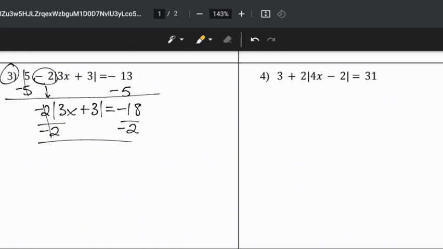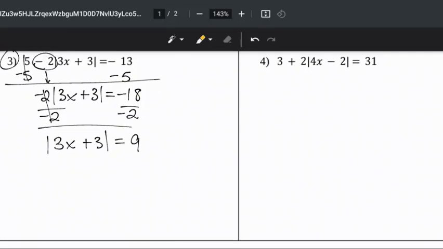This is where it's important to double check, especially if you're not confident with your operations with integers, positive and negative numbers. We are now left with 3x plus 3. Negative 18 divided by negative 2 is a positive 9. So you can see we started with a negative, but after isolating the absolute value bars, we actually have a positive on the right side of the equation.